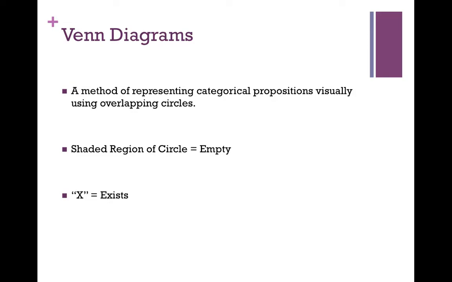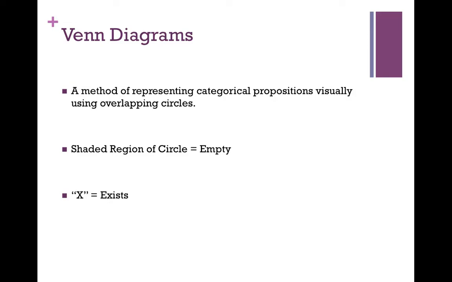Now, some of you might be familiar with Venn diagrams from your math class, but I've heard students say this is done a little bit differently in a math class. So if you've done them in math class, just note that what we're going to be doing here is a little bit different. Basically the method of Venn diagrams involves overlapping circles, and two tools or notations that we use.